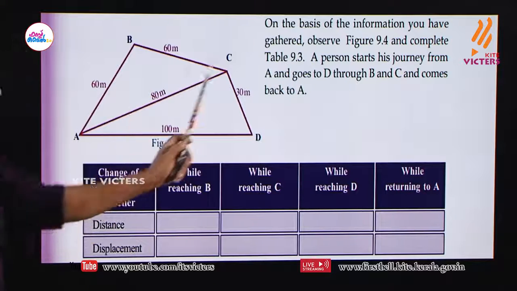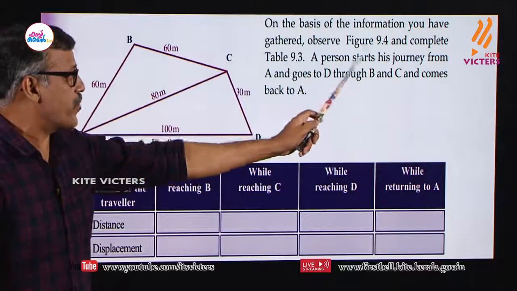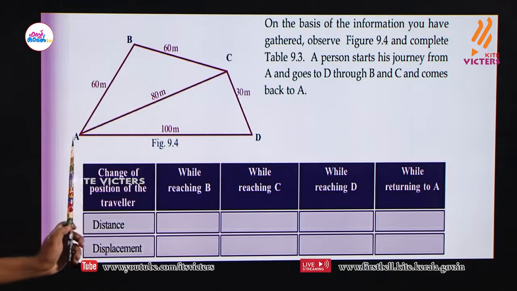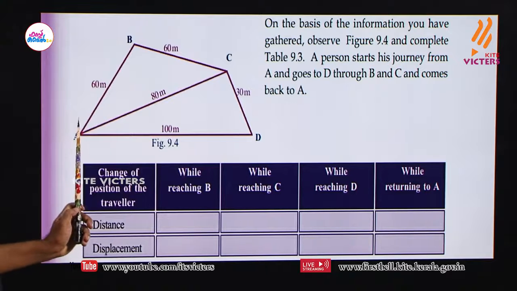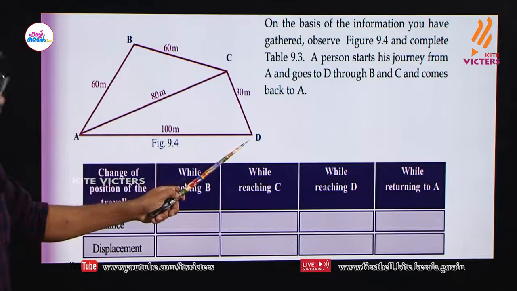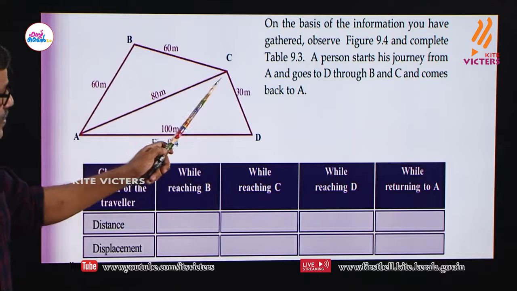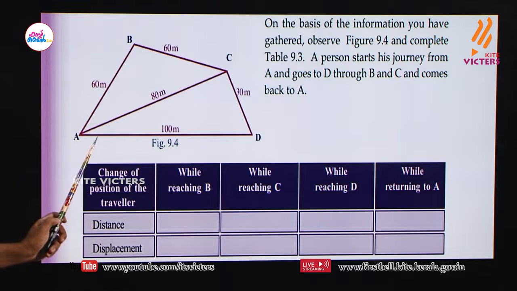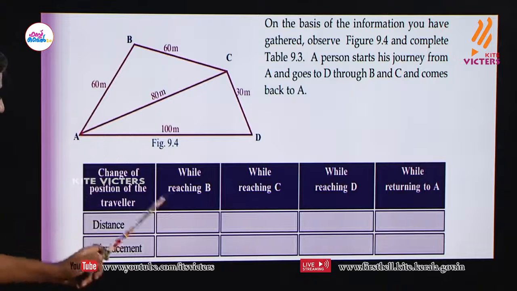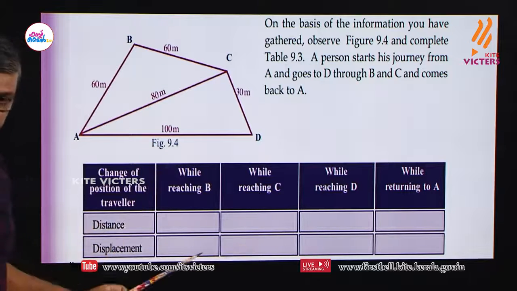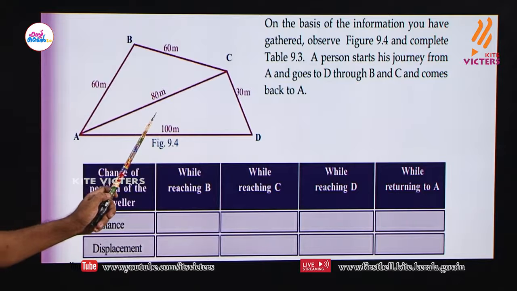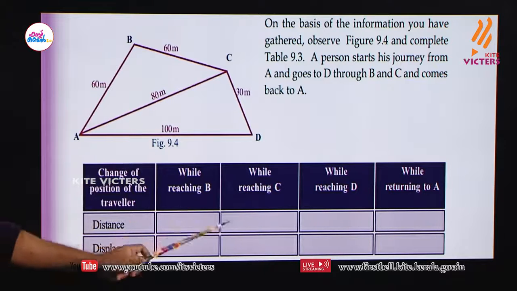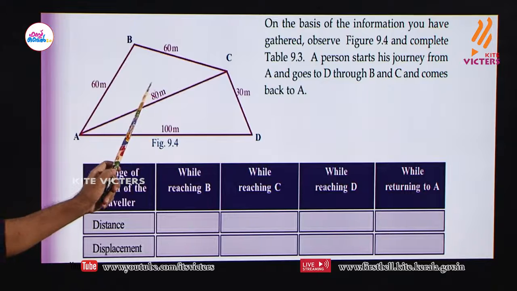This figure indicates a person starts his journey from A and goes to D through B and C and comes back to A. This is the situation. You need to complete this table by using this data. I hope you can complete this table.